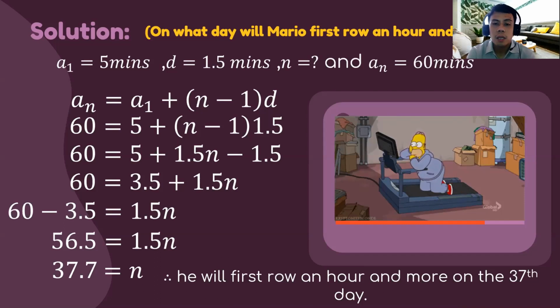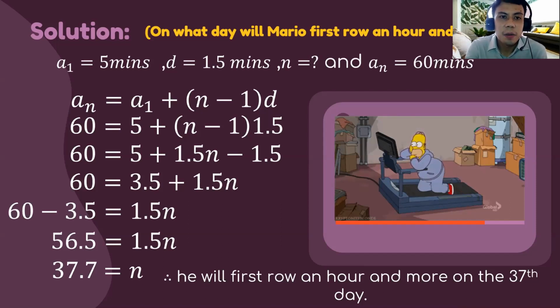So on the 38th day, he will first row an hour and more, because when you multiply 37.7 by 1.5 and add 5 minutes, that is 60.5 minutes. So that is 1 hour and more.